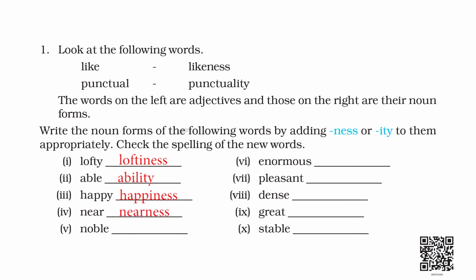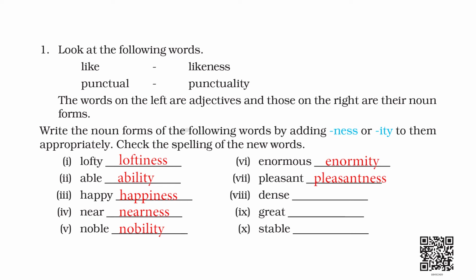Right. What about noble? Would you add ness or ity? Yes, you would add ity, nobility. The next one, enormous. What would you add to enormous to make it a noun? Yes, ity, enormity. There is a change in the spelling there too. Take note of that. Next one, pleasant. Yes, it is easy to add ness to pleasant and make it pleasantness.